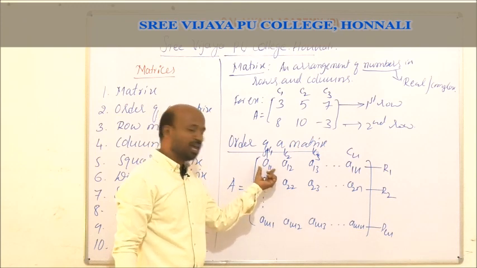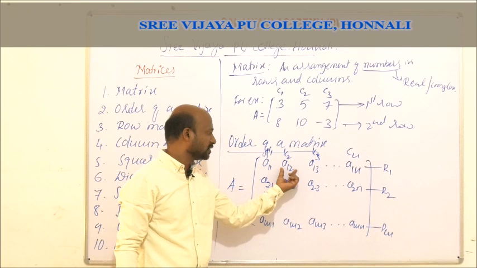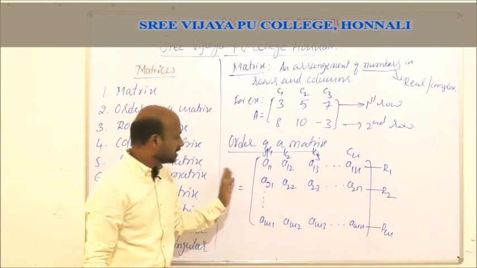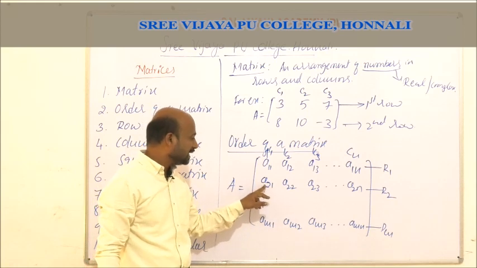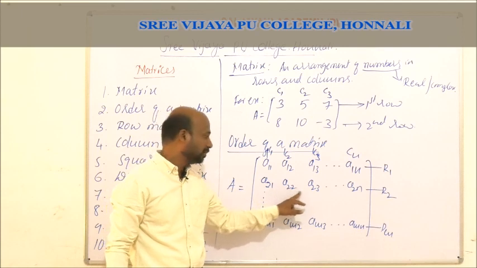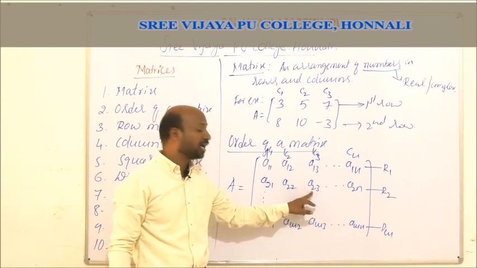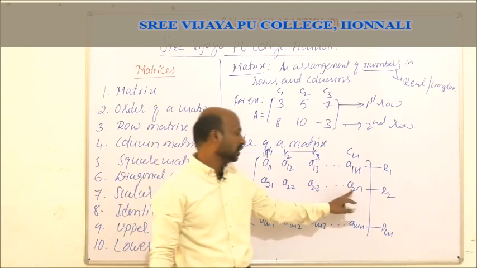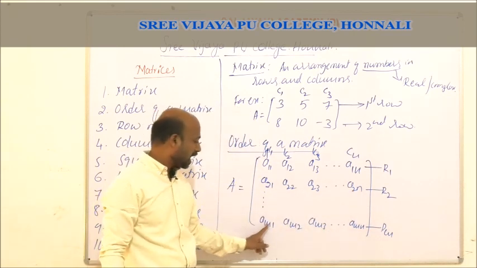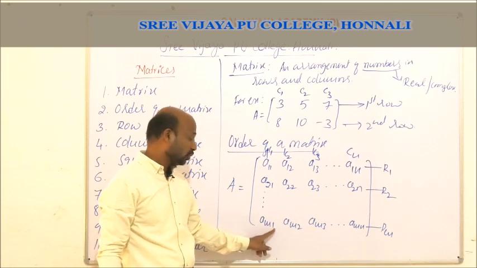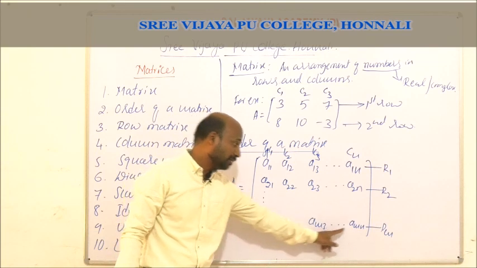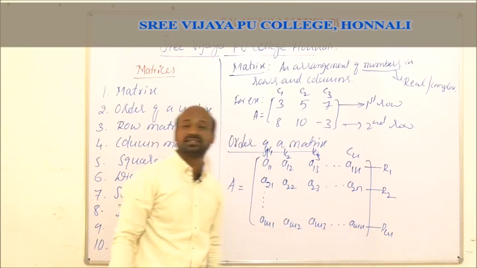A21 is an element of second row, first column; A22 is second row, second column; A23 is second row, third column; and the last is the second row, nth column. In general, Am1 means mth row, first element, up to the mth row, nth element.